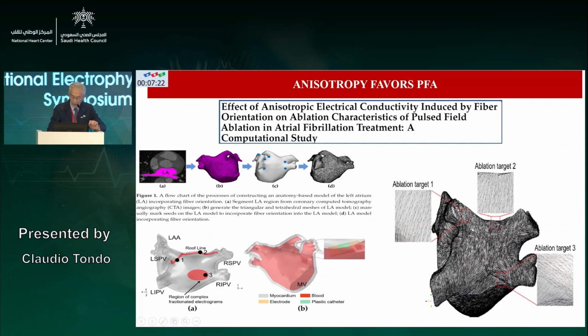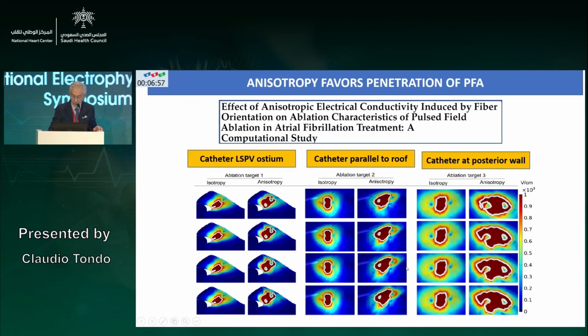It's nice also to remind ourselves that you might reconstruct with a computational process the same fiber orientation and try to identify the ablation target, here at the roof, at the Bachmann bundle, or in the middle of the posterior wall, the best target to ablate.